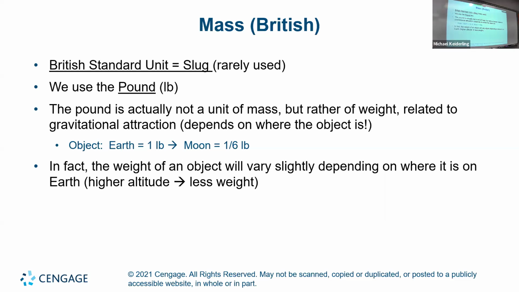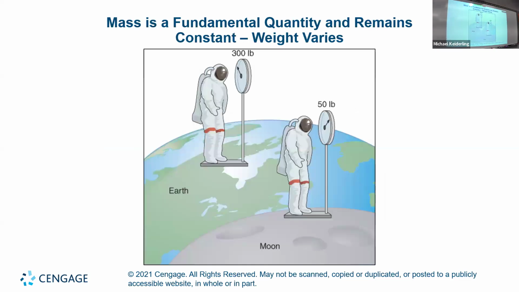It varies by maybe 0.5% between the pole and the equator. So it does vary. Mass is a fundamental quantity. It remains constant. Your weight will vary.